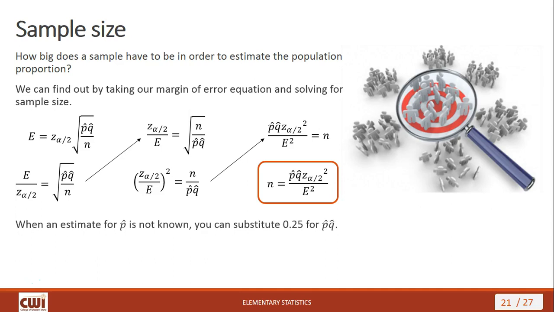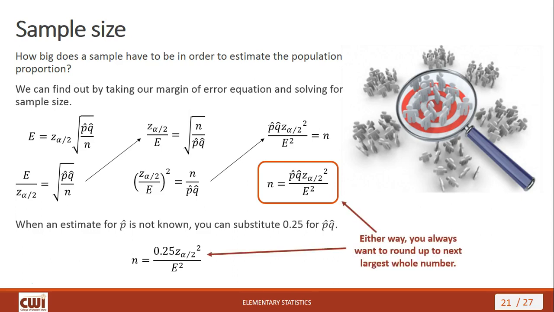Now, there are instances in the real world and in some of your problems on your homework assignment when an estimate for p hat will not be known. In those instances, we can simply substitute 0.25 for p hat q hat. That then gives us this equation for estimating the minimum sample size that we need to estimate the population proportion.